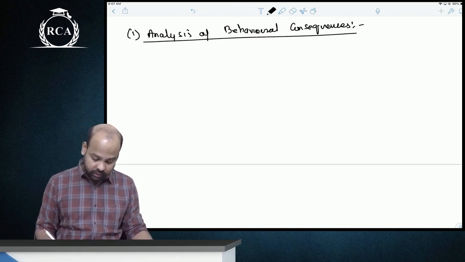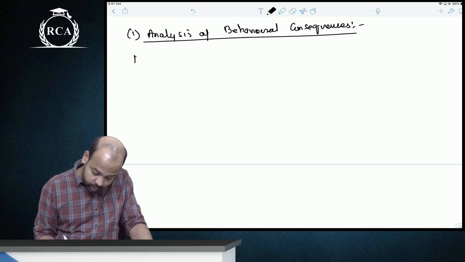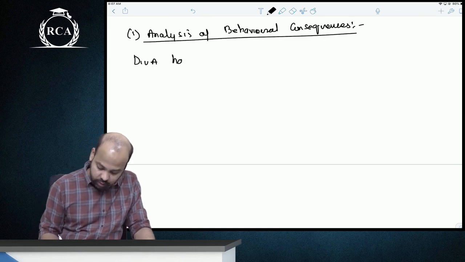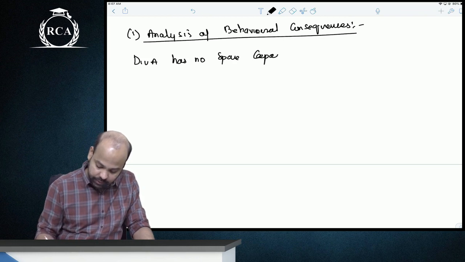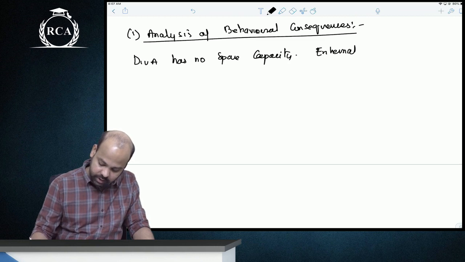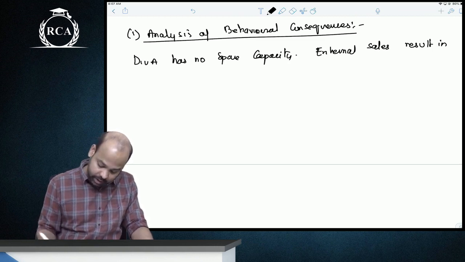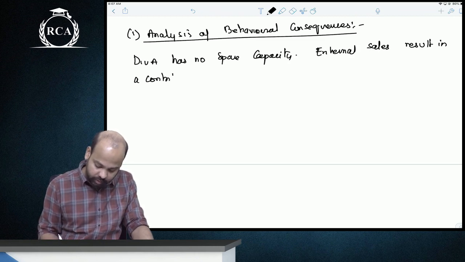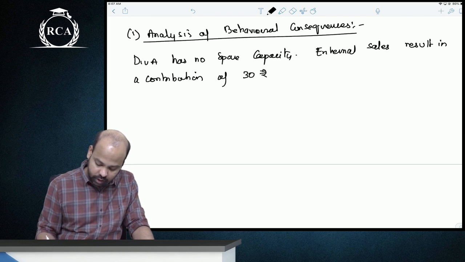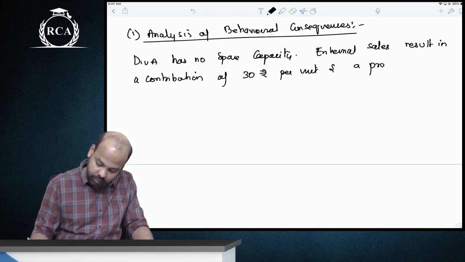The first one here is: division A has no spare capacity. External sales result in a contribution of 30 rupees per unit and a profit of 15 rupees per unit.